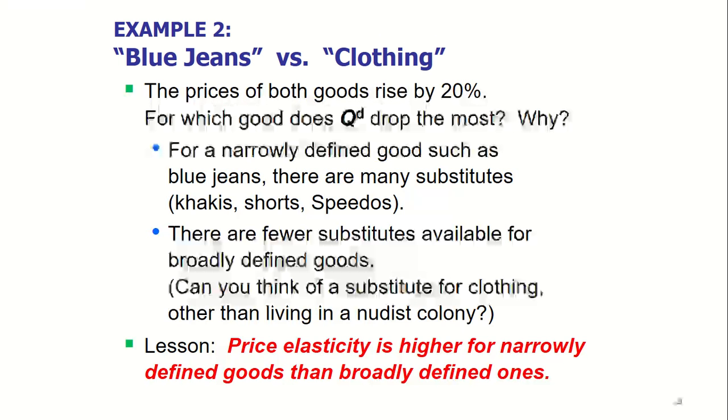We observe the percentage decrease in demand for all clothing. Perhaps people wear old clothing longer. However, in general, people are going to have to replace clothes that wore out. And if blue jeans continually had a price increase over time, people would find substitutes for blue jeans as well.